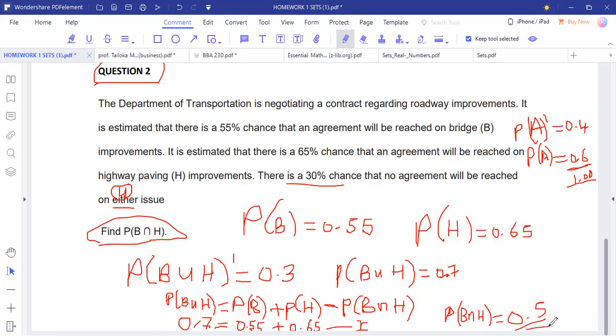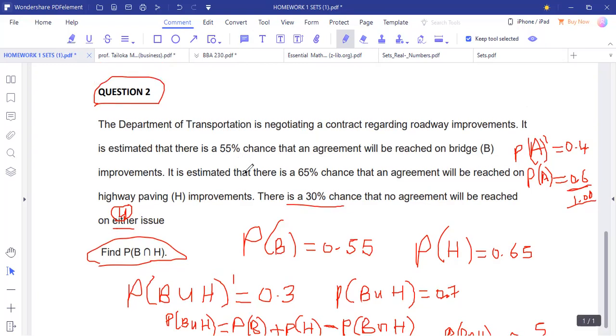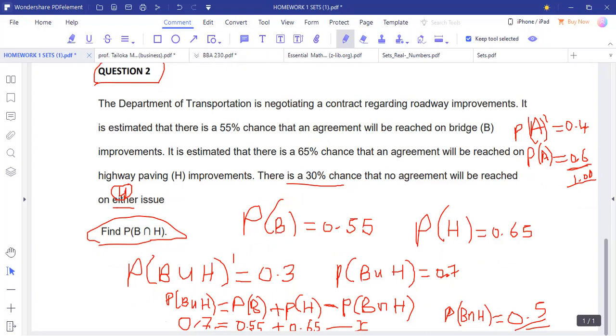Is there any question? Hello? So how did 0.5 become the answer? When this one crosses the equal sign, check: we have the 0.7 here, which is equal to 0.55 plus 0.65.